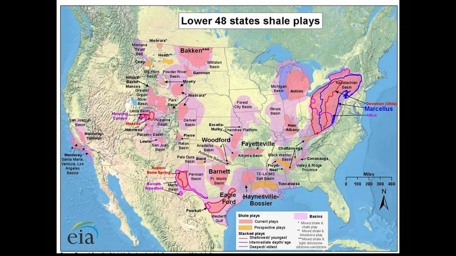So even though the resource base is very large, and often you'll read or hear about the U.S. having 100 years of cheap natural gas as a result of fracking, or decades more of high rates of oil production from North Dakota, well, that's only seemingly true if you take the initial production rates from those sweet spots and extrapolate that to the entire resource base. But our research shows that that's unrealistic.